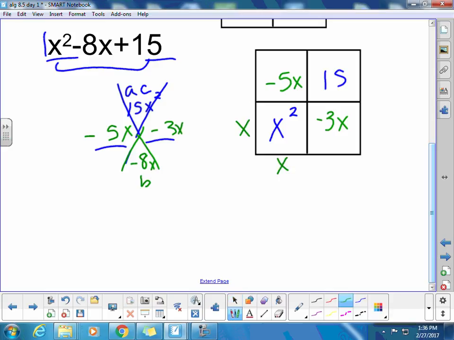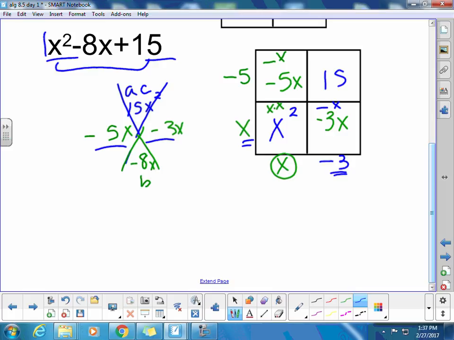I know it's got to be x and x to give me x squared. This would be x times x. And then I have this x times something to give me negative 5x, and that would be negative 5. And then I know I have this x times something to give me negative 3x. So I know that has to be negative 3.